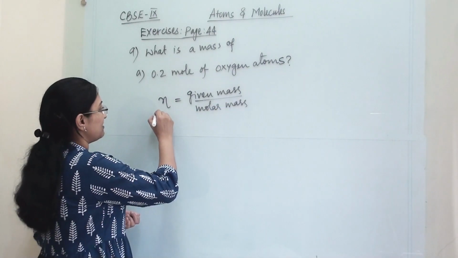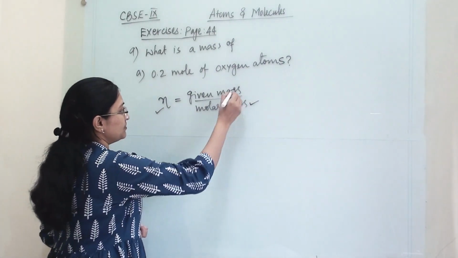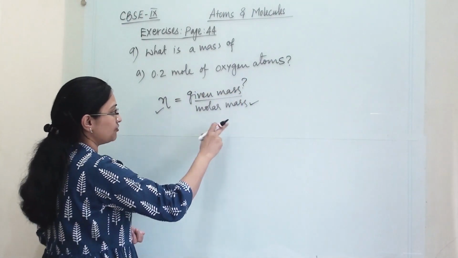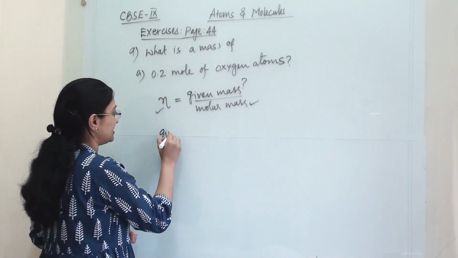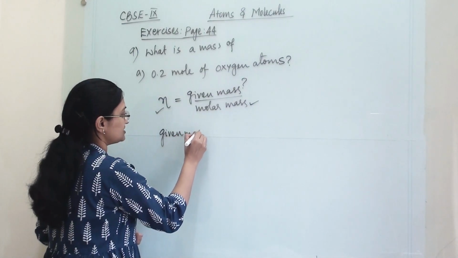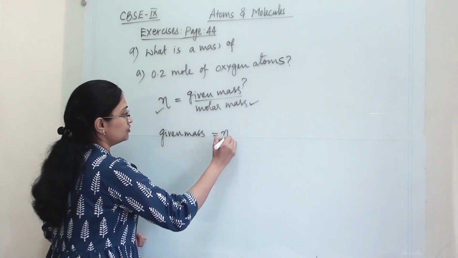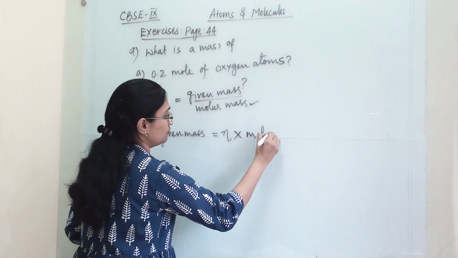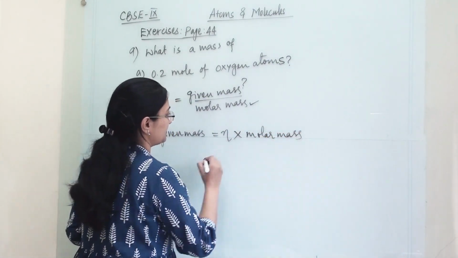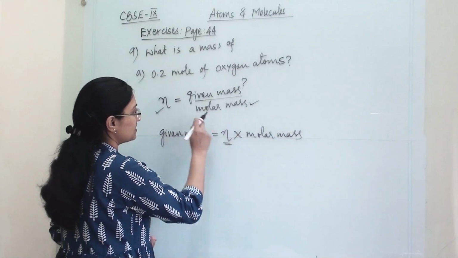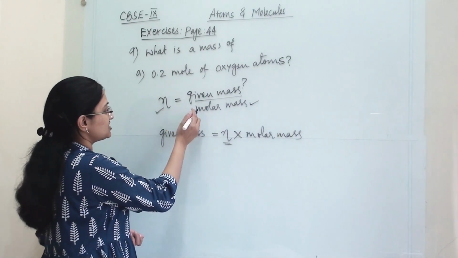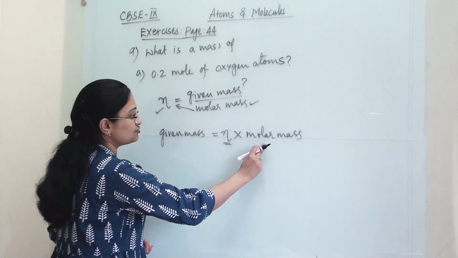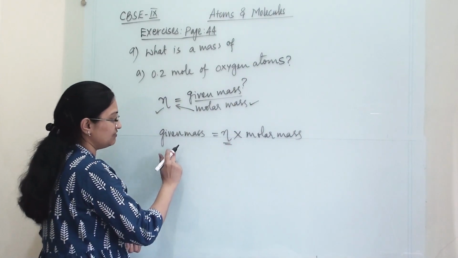Now we have to find the given mass, so we will reframe this formula as given mass equals number of moles into molar mass. When the molar mass changes sides, it goes to the numerator. So number of mole into molar mass equals given mass.